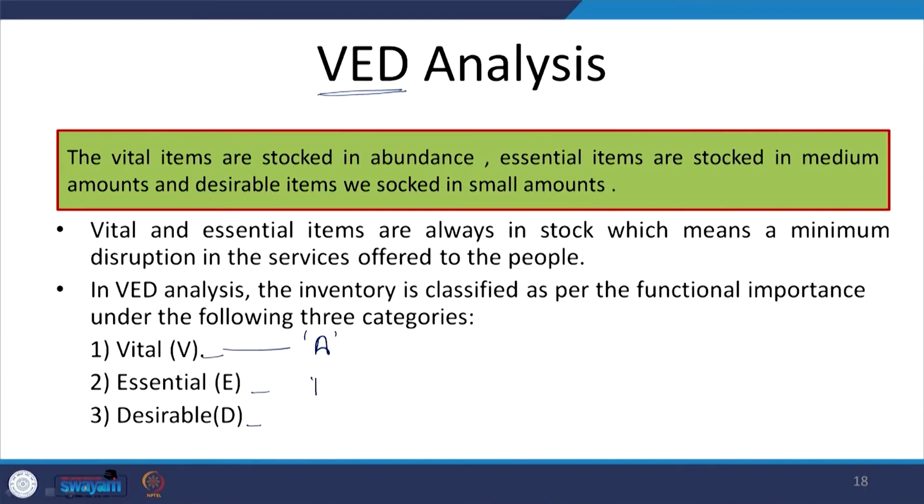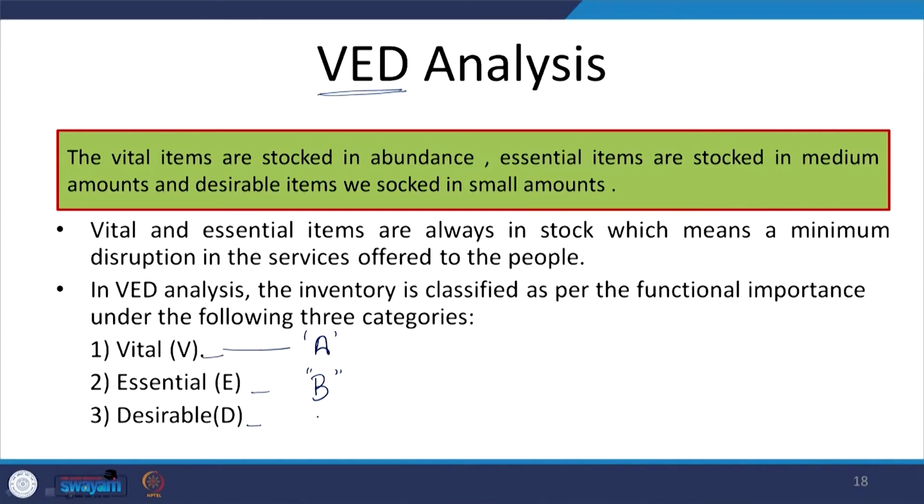Essential is not very critical, but still you need to have some kind of inventory management system for them. So, these are the essential items. You can compare them to some extent to B type of items, because you require moderate effort for maintaining the inventory of these essential items.